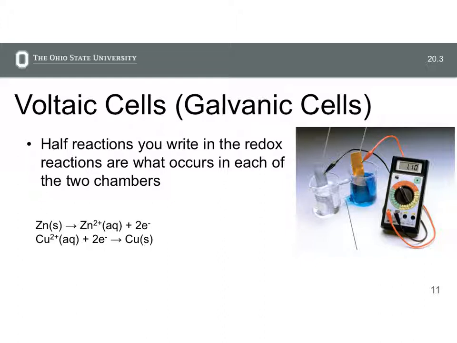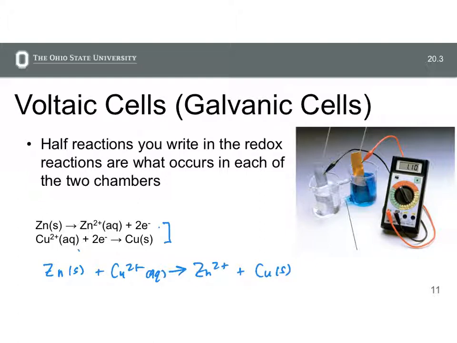One of the classic examples that you'll see for a galvanic cell is that where we are oxidizing zinc and reducing copper. And these are the half reactions. You can combine these to get an overall zinc solid plus copper 2 plus, it's going to form zinc 2 plus and copper solid.